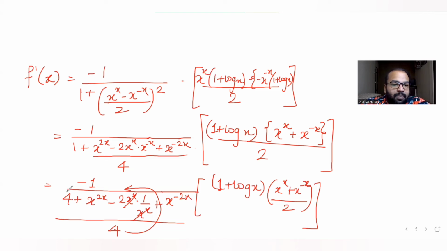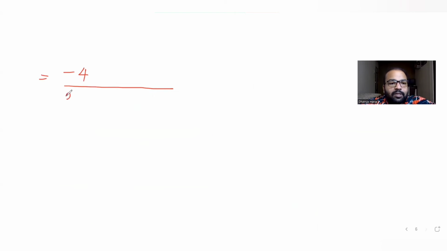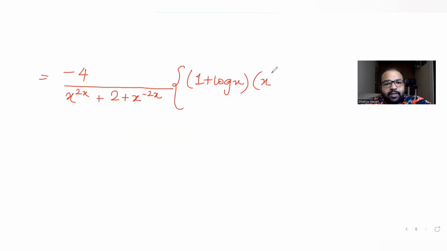So this, if you see, it becomes 4 minus nothing is left. So here only you have 2. So 4 minus 2 is plus 2. So if I write it, it becomes x raised to 2x plus 2 plus x raised to minus 2x into 1 plus log x, x raised to x plus x raised to minus x upon 2.